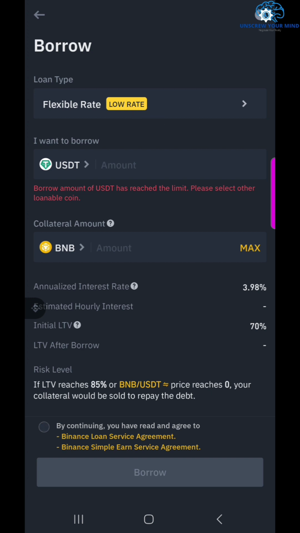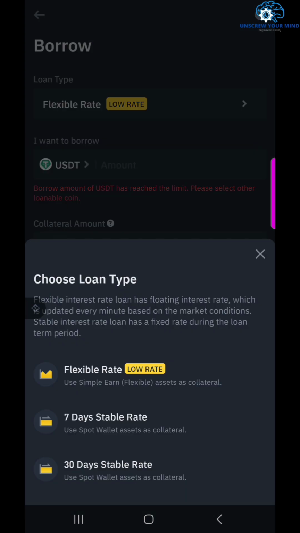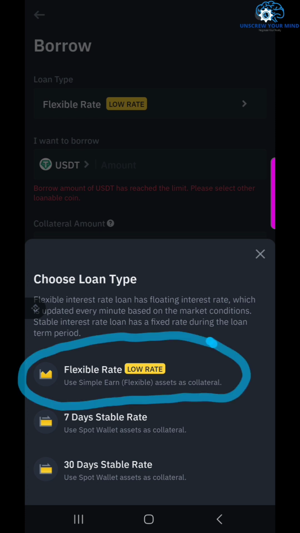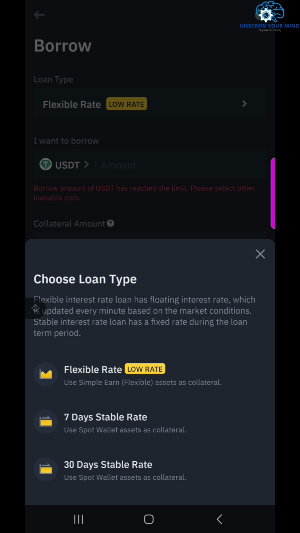So you will see a number of things here that you need to take note of. One is the loan type. We have two types of loans. You have the flexible rate where you use your simple earn assets as collateral. So that means these are assets that you own, that you're holding, but you subscribed to simple earn.